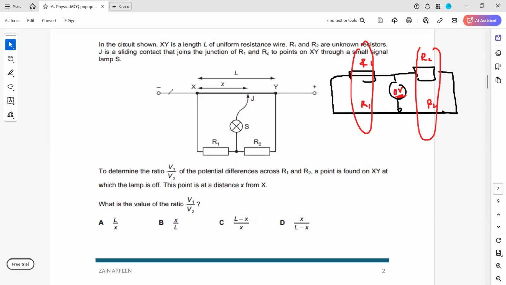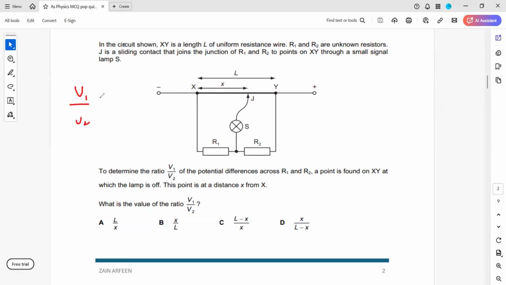So we just simply use the formula that V1 over V2 is equal to R1 over R2. Now, the resistance of R1 will be the same as the resistance of this part. And we know resistance is directly proportional to length. So the ratio of the resistance of this part will be the same as the ratio of the length of this part. So we can also say that V1 over V2 will be equal to L1 over L2.